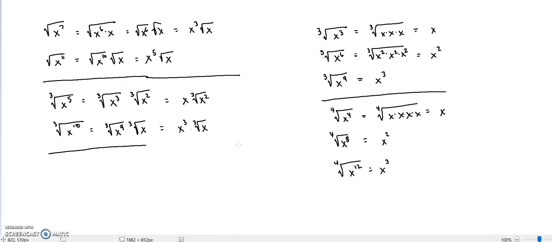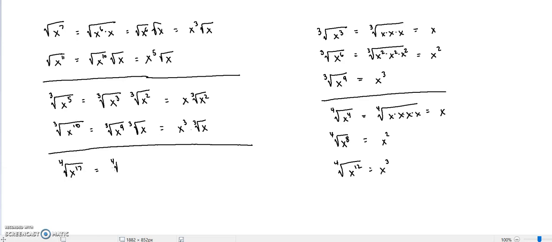All right, and let's try a 4th root. So let's say we have the 4th root of x to the 17th. Okay, 4th root of x to the 17th. So 4 doesn't go into 17. The closest I could do is 16.